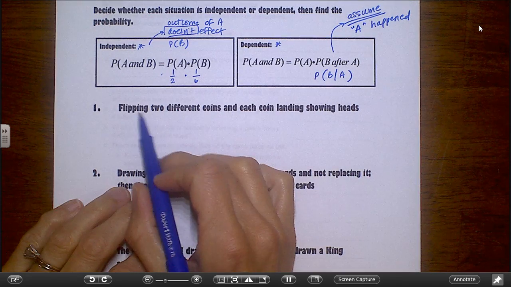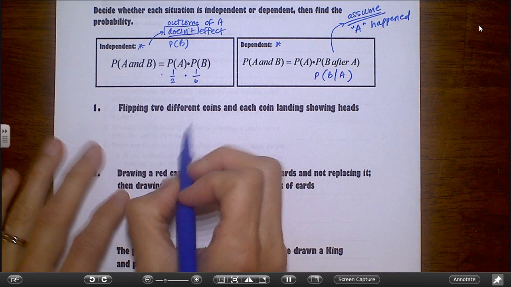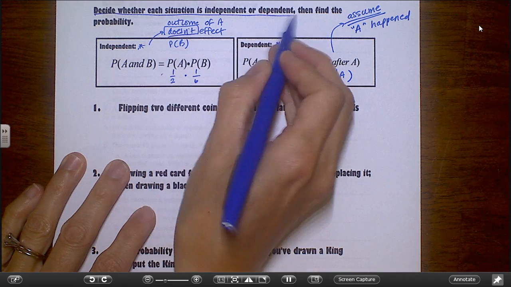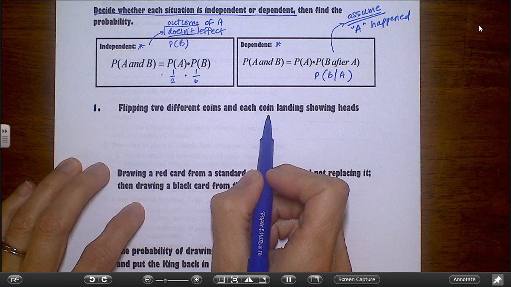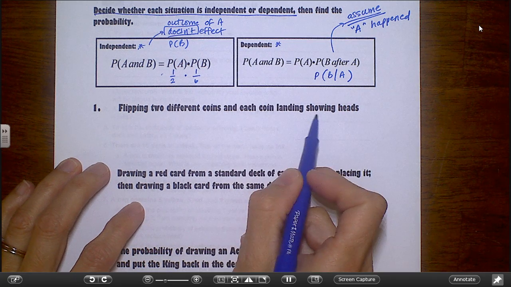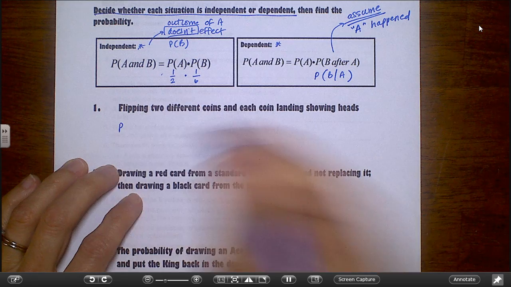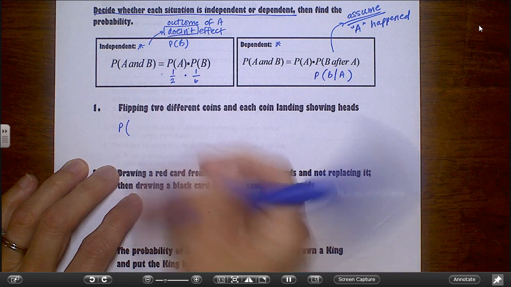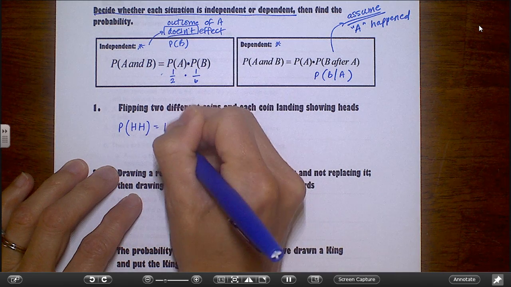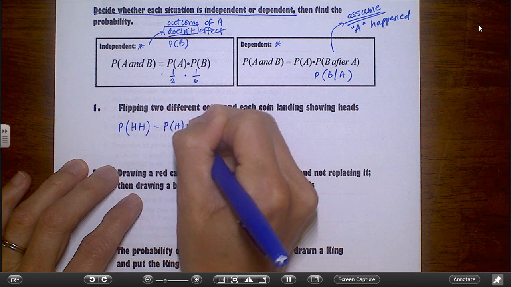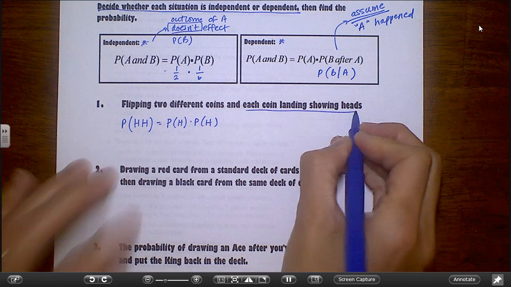All right, flipping two different coins and each coin landing showing heads. So first we have to decide whether it's independent or dependent. Well, I have two coins, and this second one does not depend on what happened on the first one, right? So it's the probability of A and B, in this case, H, so both heads, equals the probability of heads times the probability of heads, because both of them need to land showing heads.